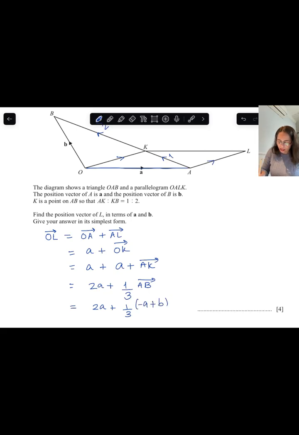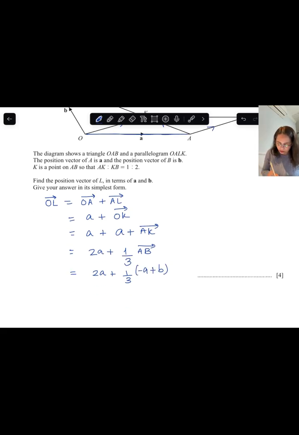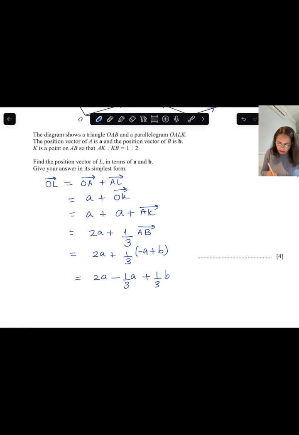Let us expand the brackets and simplify. So this is going to be 2a minus 1/3 a plus 1/3 b. Remember, this might come in a non-calculator paper this year. So how do we do the fractions? I'm going to show you one. If this is 1 here, make the denominator the same, so times by 3.